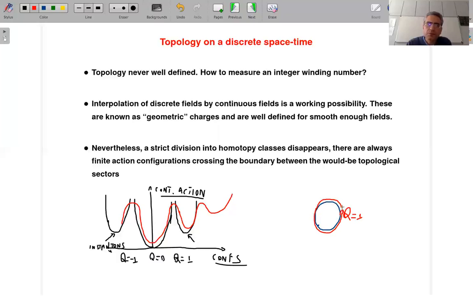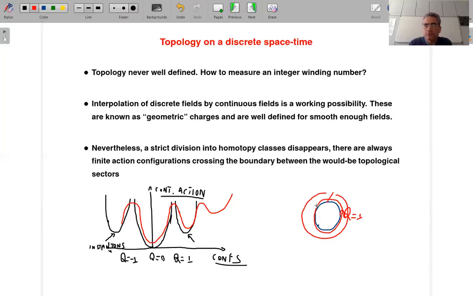So you imagine you want to deform this path, making it trivial. You cannot deform it continuously, avoiding this winding number. What we have to do is just to cut the path at some point. So now we have a path which is like this, and then you can make it trivial.